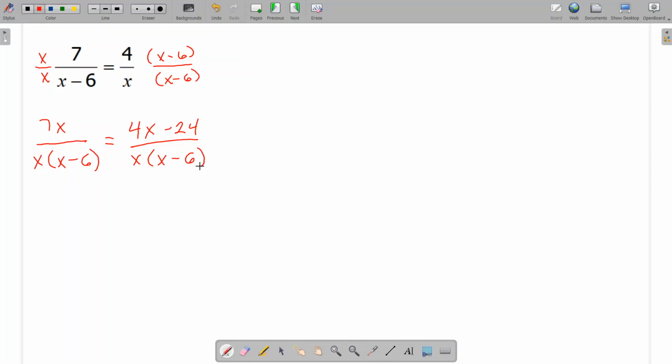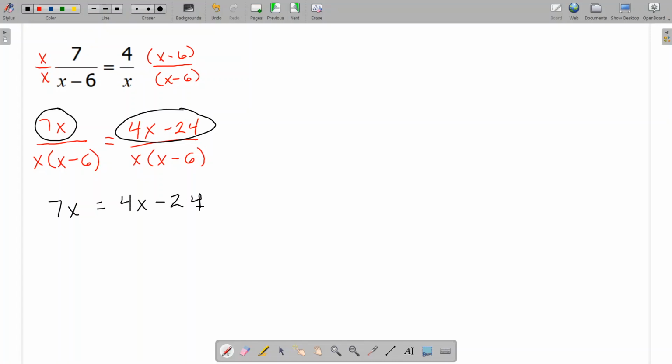So once we have a common denominator, we don't really need to look at the denominators anymore. If these two rational expressions are going to be equal to one another, and if they have the same denominator, that means the numerators must be equal. So we're going to just make a new simplified equation with only those numerators.